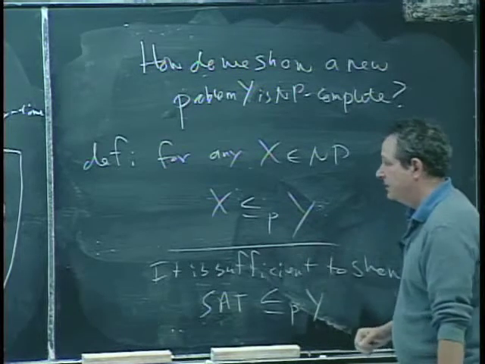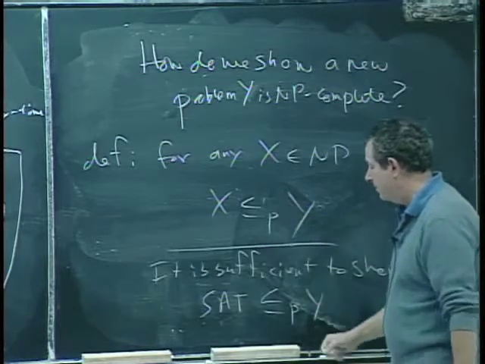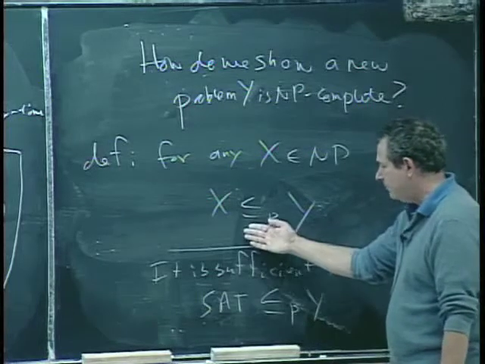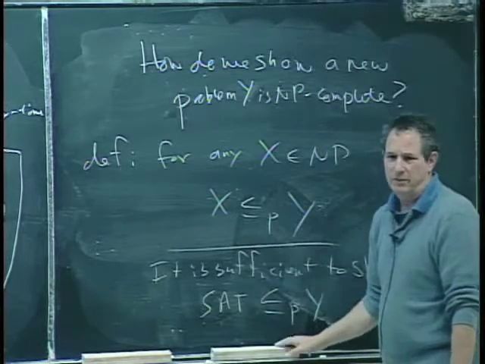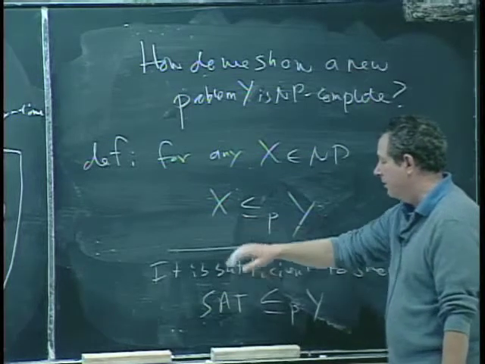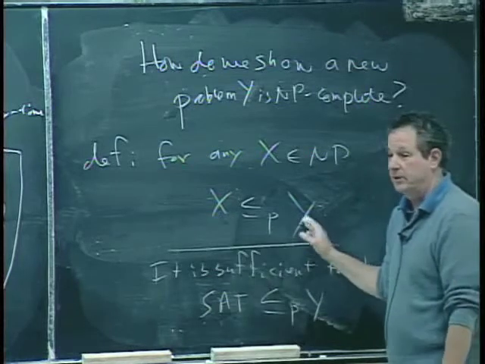Early on in the 1970s, people would publish these. Today it's not that publishable because they're a dime a dozen. But mostly the reductions are pretty trivial, pretty straightforward, if you find a problem in the known repertoire, the known library, that's pretty close to what you want to do.